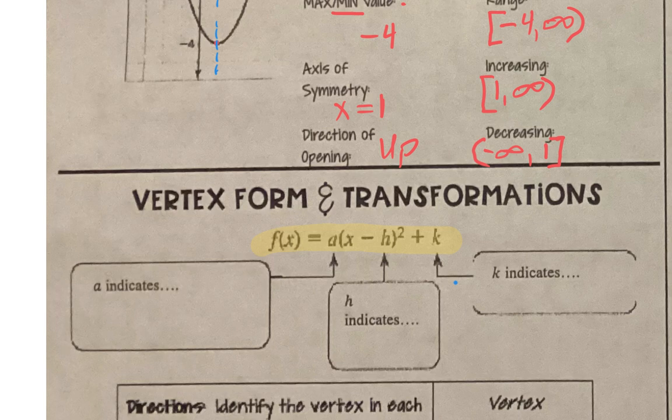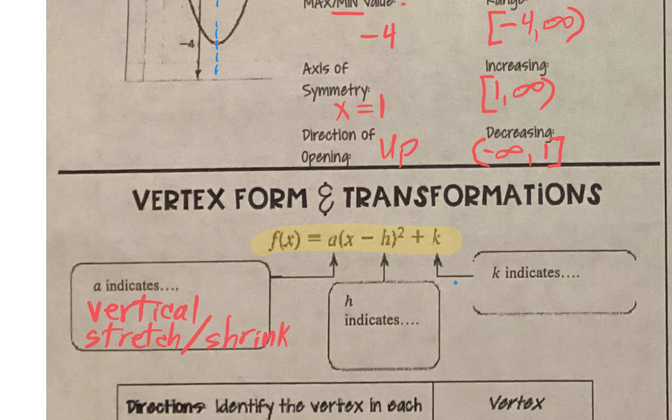Hopefully you remember this from the anchor chart I have on the board and the numerous times that I said A determines whether I am doing a vertical stretch or shrink.